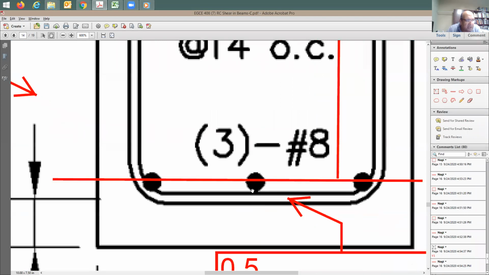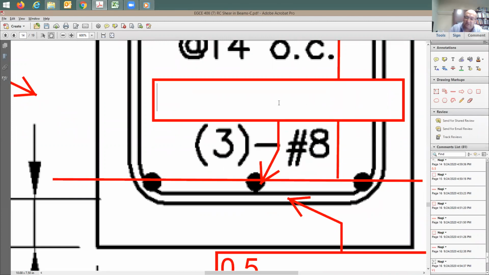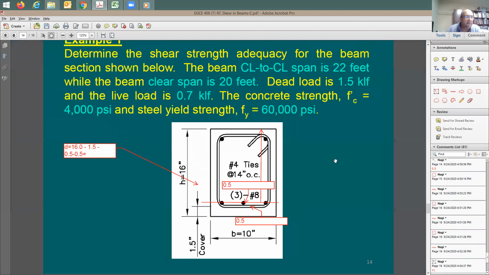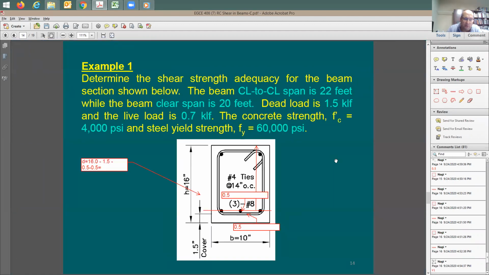This round shape that you're looking at is number 8. The diameter of this number 8 is 1 full inch. Therefore, the distance from here to there is going to be an additional half inch. Okay, thank you. No problem. Any other questions on this example before I move to the homework?